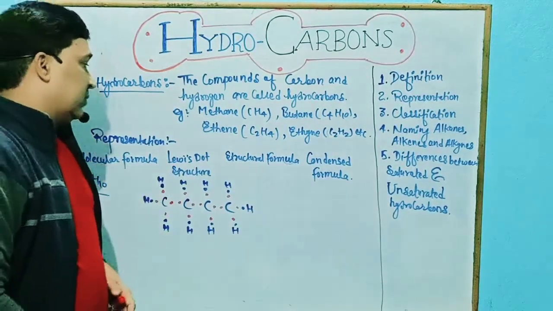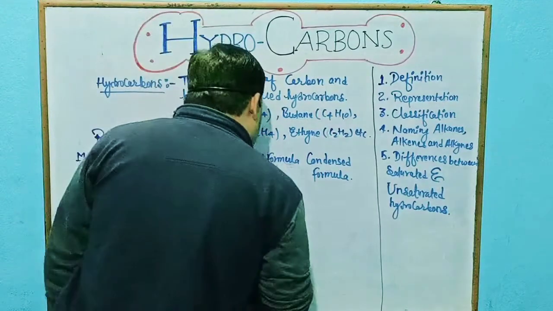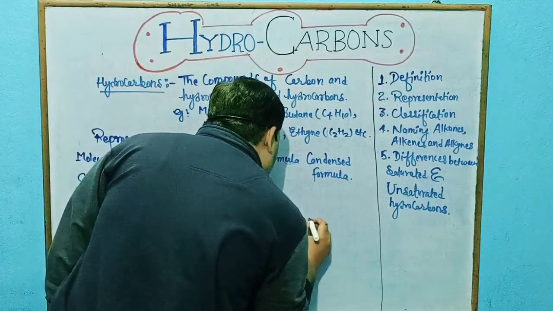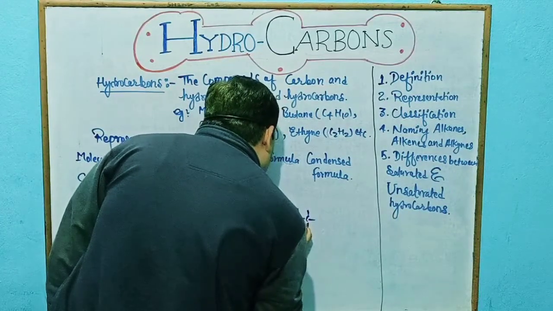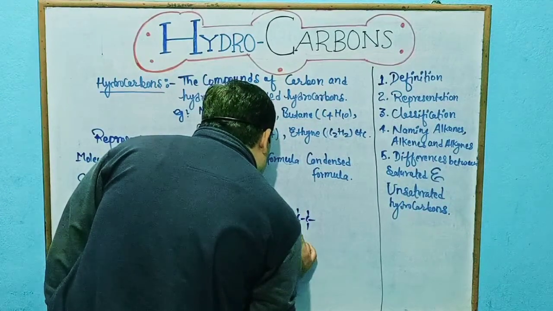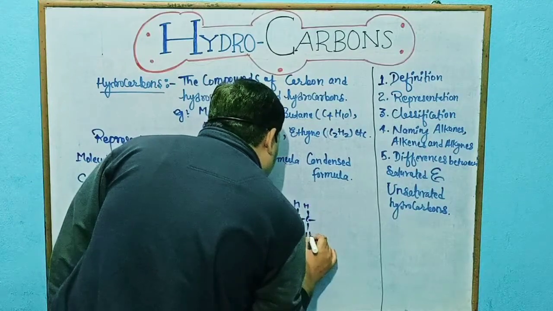Lewis dot structure. In a structural formula, we simply represent the bonding between carbon and hydrogen by a line. It is a simple structural formula.